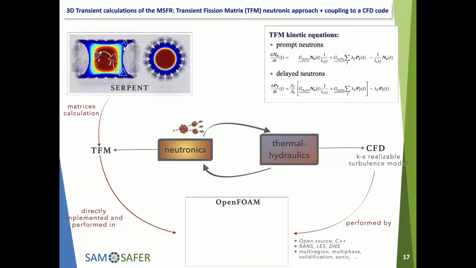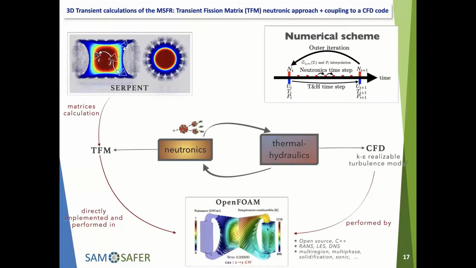From this, it's possible to take all the neutron kinetics inside the OpenFOAM code, and then with some specific numerical scheme to couple the neutronics and the thermal hydraulics, because they have different time scales, it's possible to couple everything in a single tool. That's something very useful to model this kind of study, this kind of reactor.